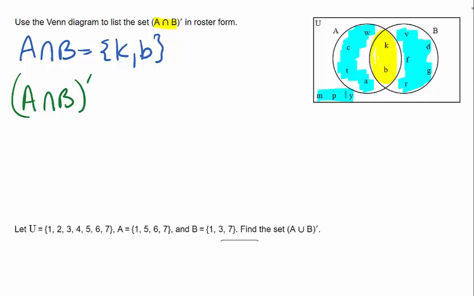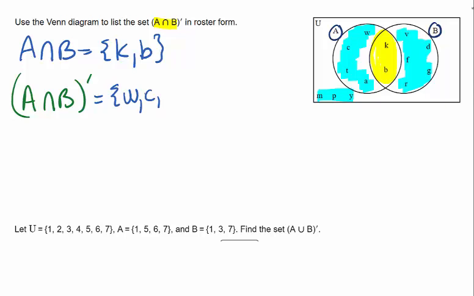I didn't color the whole thing because sometimes it's easy to get confused and try to count the set names, which are A and B. So just be careful. My answer here, and it doesn't matter the order, just don't list something twice.